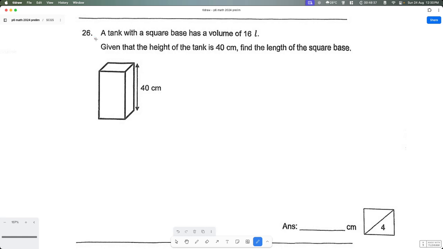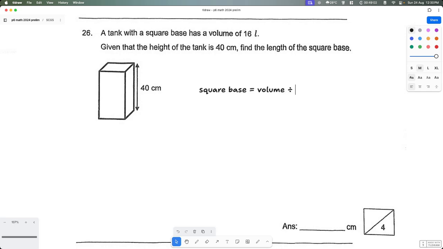Right, question 26. A tank with a square base has a volume of 16 liters. Given the height of the tank is 40 centimeters, find the length. Okay, so we know that the square base is equal to volume divided by the height.